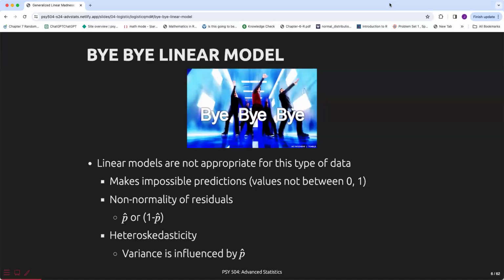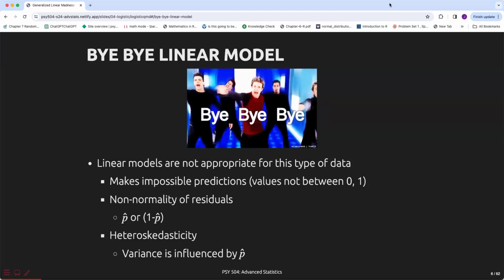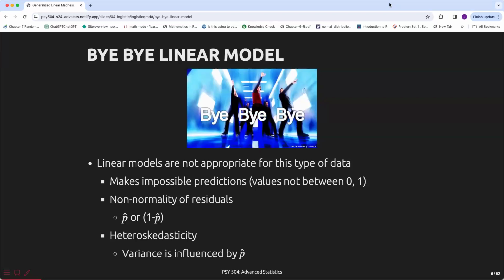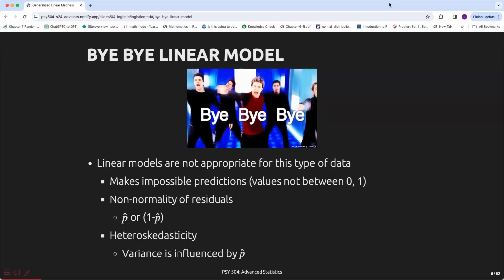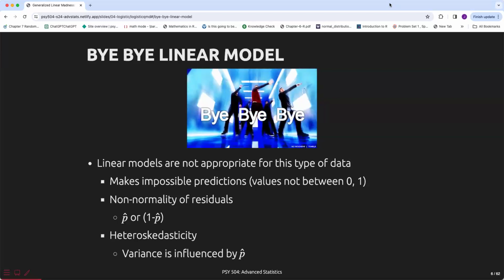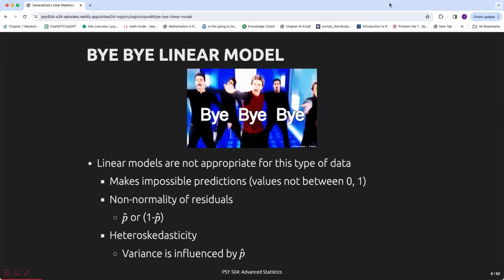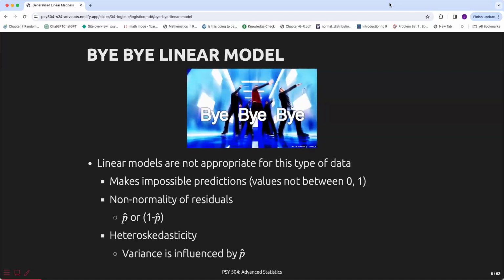I don't think that they're appropriate for linear models, and there's several reasons why. And Abby touched upon these, right? When we have dichotomous variables, we're usually modeling the probability of one occurring, right? A success, a yes, a pass, et cetera.